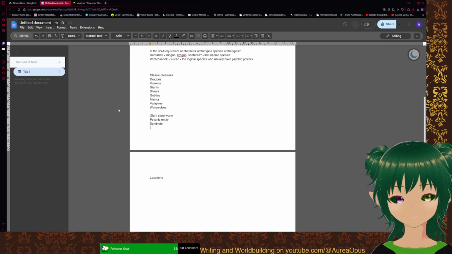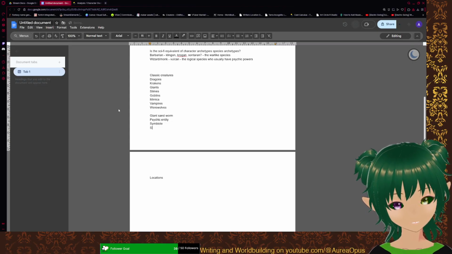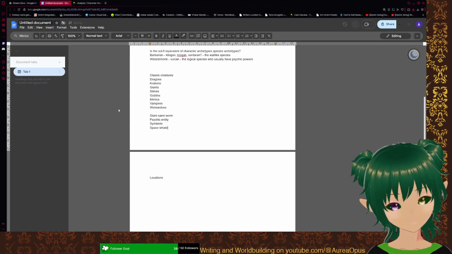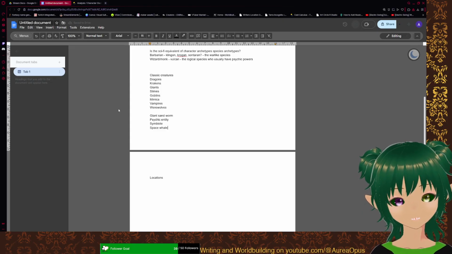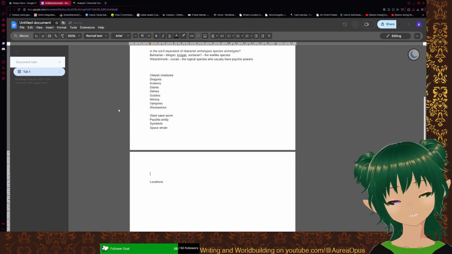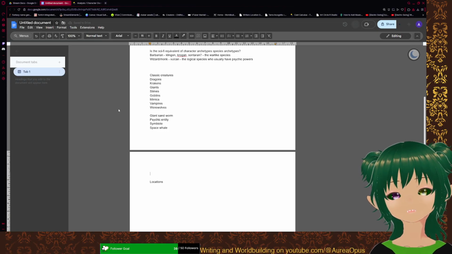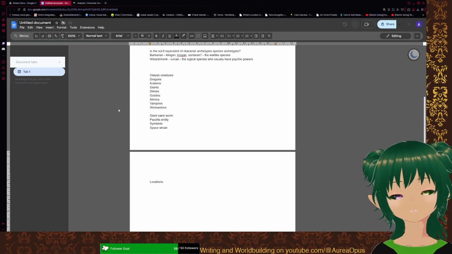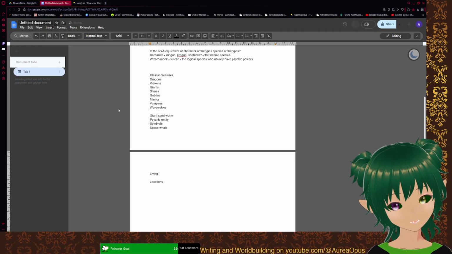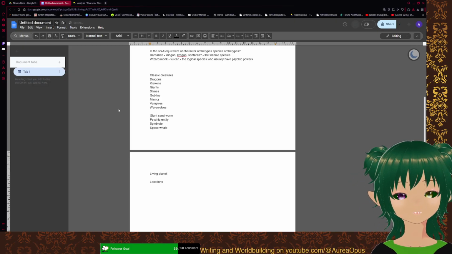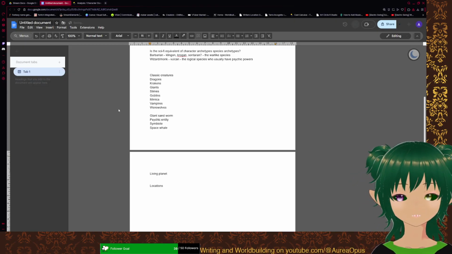They're not super common, but common enough. Some variation of space whale you see in places. What else? The living planet. That's one that you see from time to time.